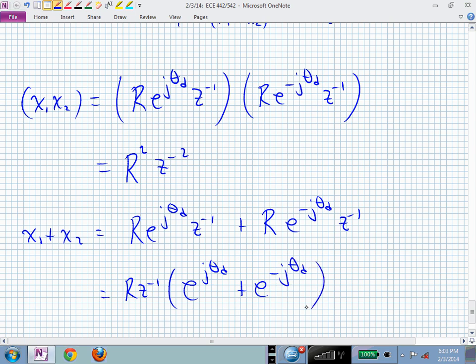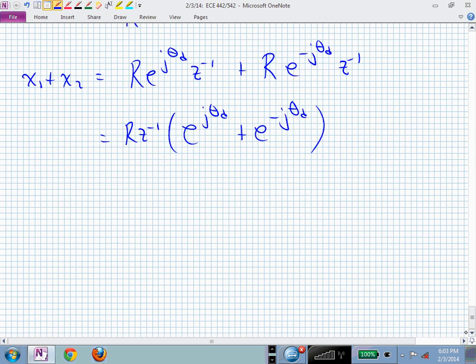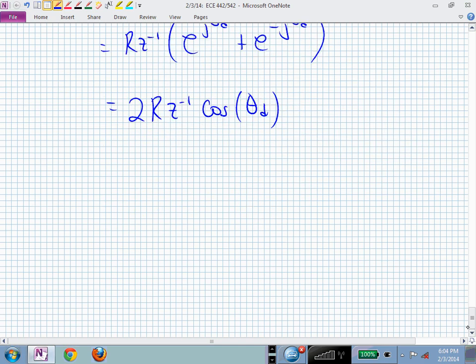And isn't it a good thing we're friends with Euler? Now Euler's screaming at us again. And that's just 2 of the cosines, right? So now we have 2r z to the minus 1 cosine of theta sub d. And that's the only pieces we need to find our answer.